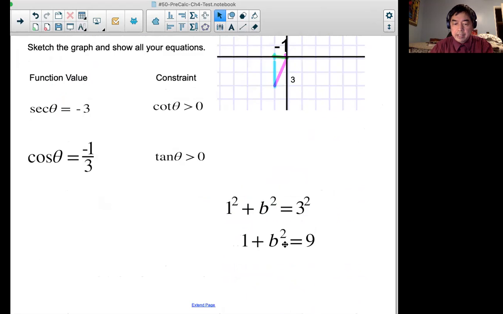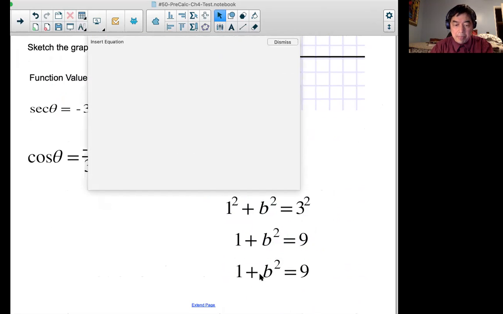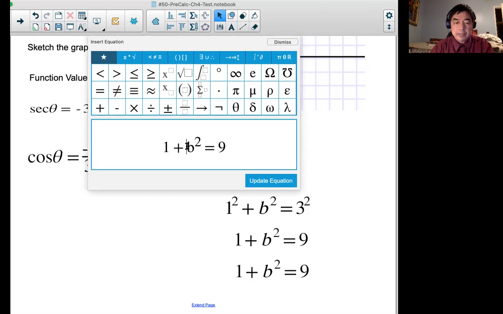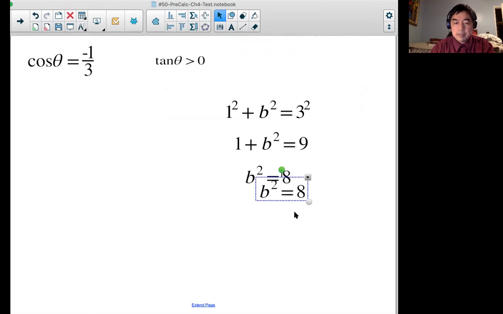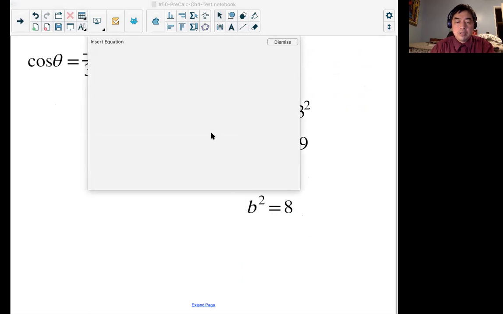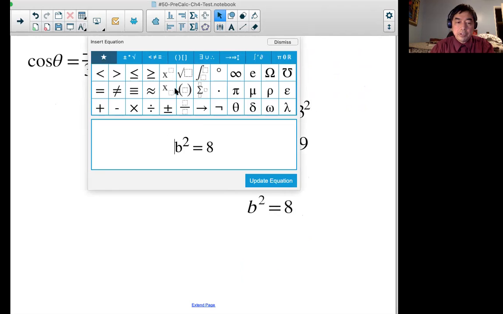The right-hand side is going to be 8. 9 minus 1 is 8, right? And to get rid of this square, you take the square root of both sides. So this is the square root of b squared.